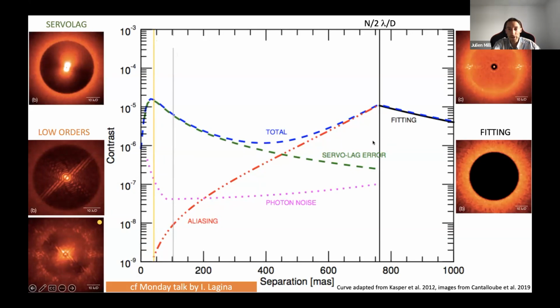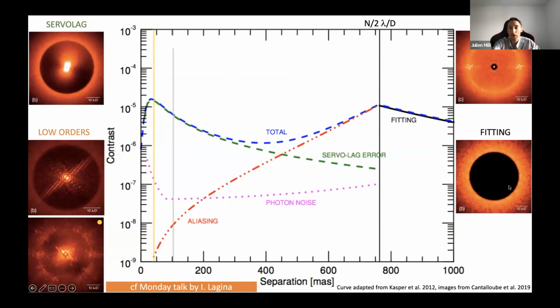So you see the fitting error. The fitting error is the black curve that only plays a role on the outer parts. You have an adaptive optics correction radius, which corresponds to the number of actuators divided by 2 times lambda over D. So typically for a system with 40 actuators on the diagonal, that would be 20 lambda over D, so about 800 milliarcseconds in the H-band for an 8-meter telescope.